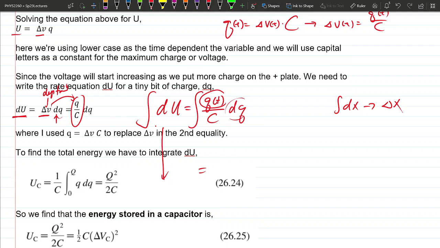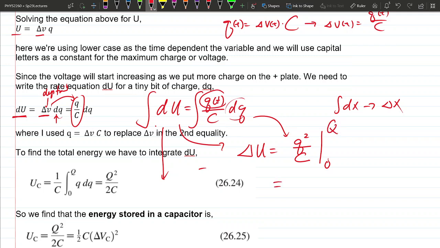Q squared, exactly. Sorry, I'm just going to move stuff around so it's easier for me to write. This becomes Q squared over C, evaluated from initially, when the capacitor had no charge, to the final amount of charge, which is this constant at the end.